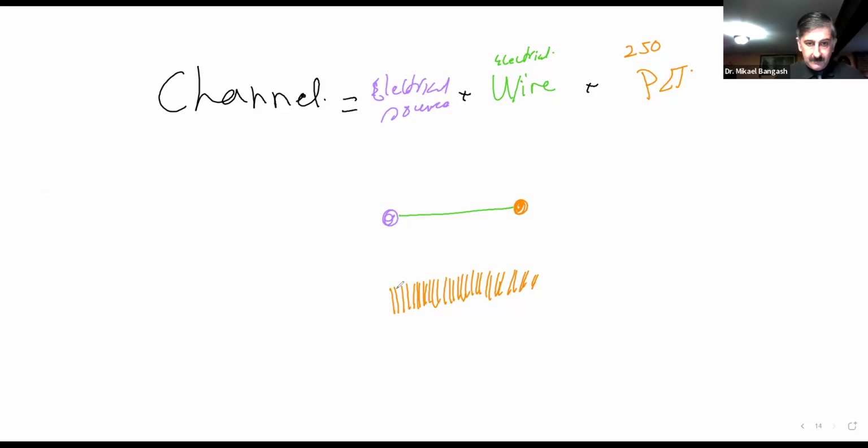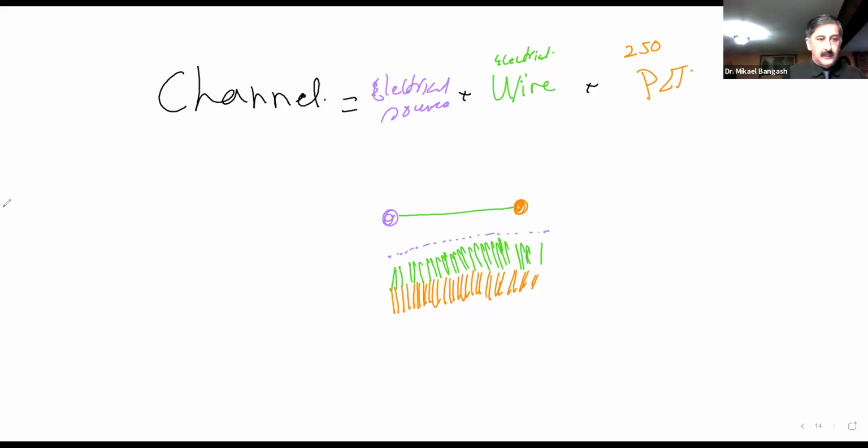That each of these PCTs will have their own electrical wire that is attached to some electronics in the system. Did you guys get that?